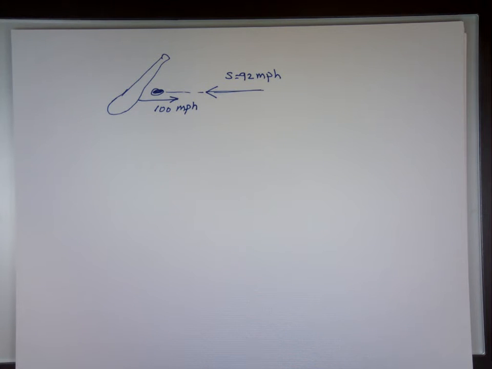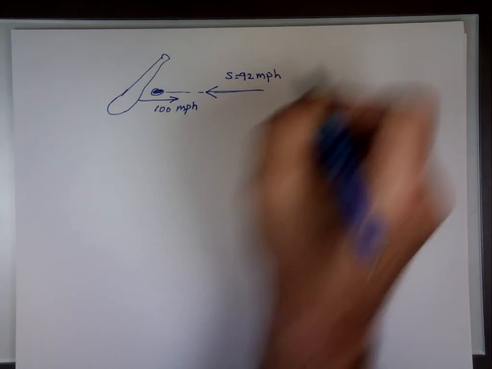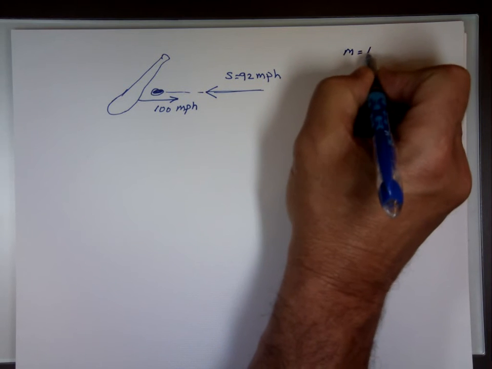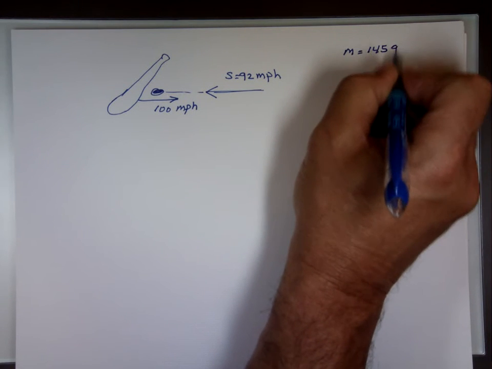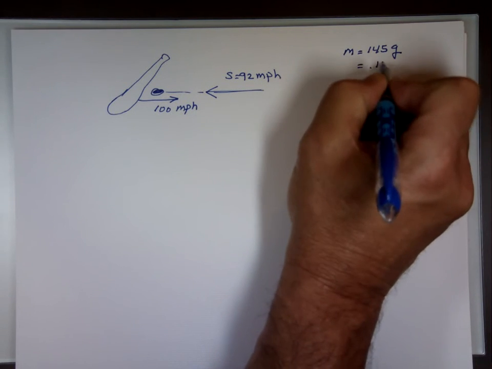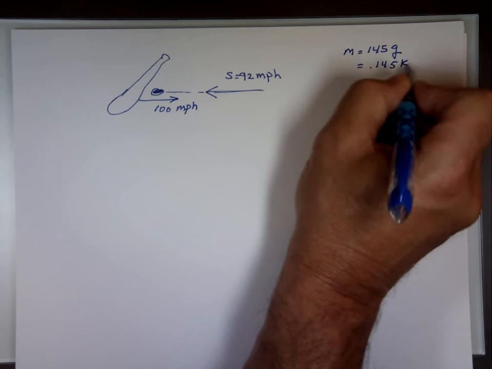Now, a baseball usually weighs about 140 to 150 grams. That's the mass of the baseball. So we'll say 145 grams, which is 0.145 kilogram.